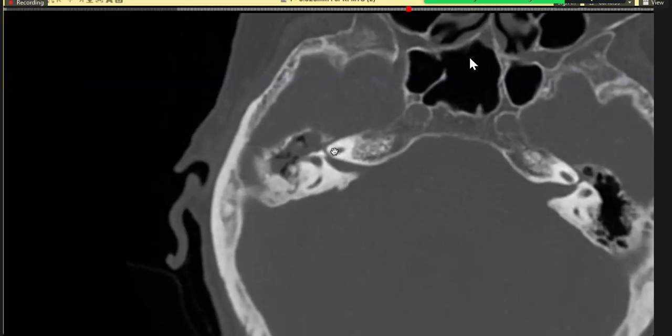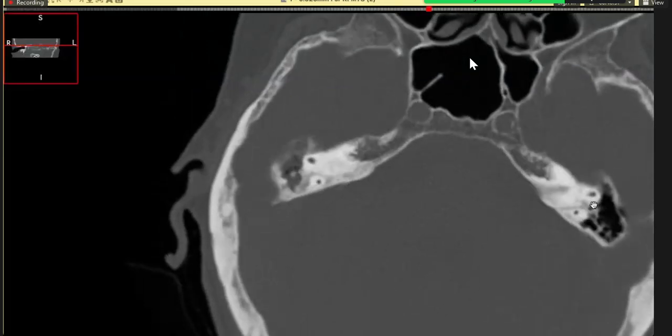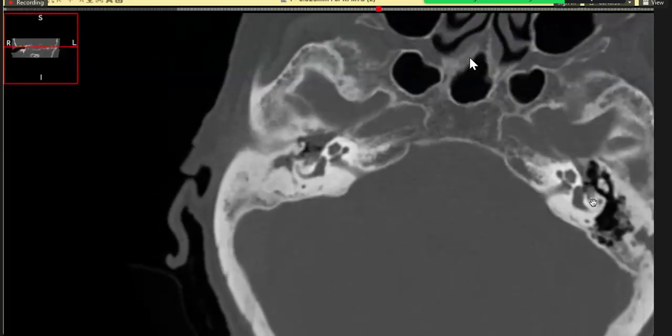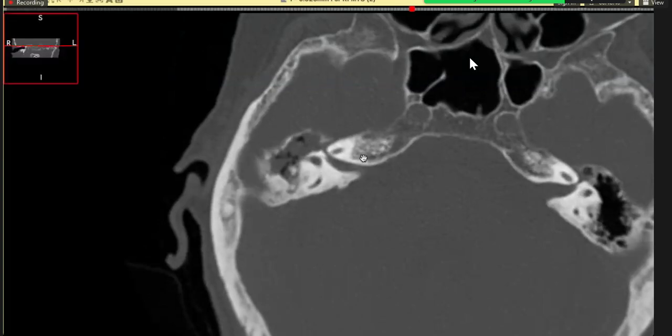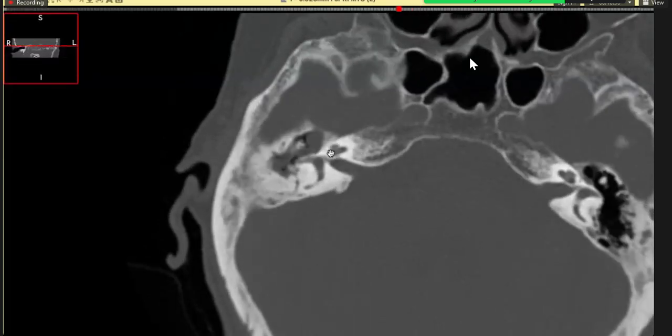This is the labyrinthine portion. So let me go to the other side, which is the normal side. And you see, this is the labyrinthine portion, and this is how it should look. Here, you can see that this is in communication with this opacity. So something might be happening there.